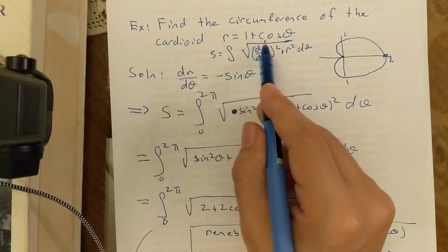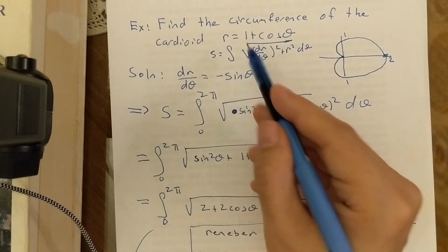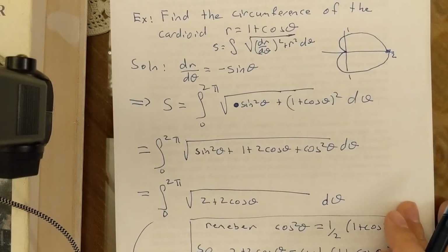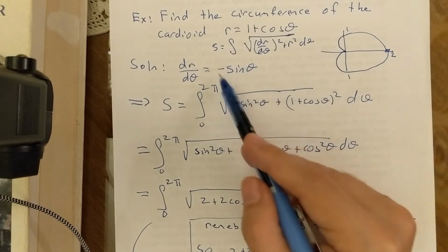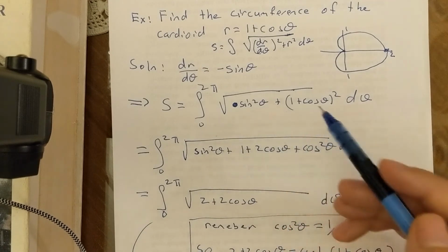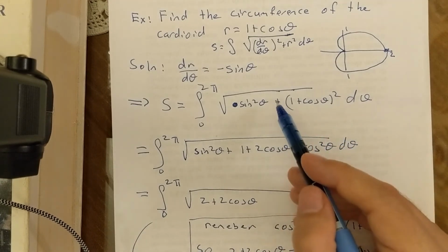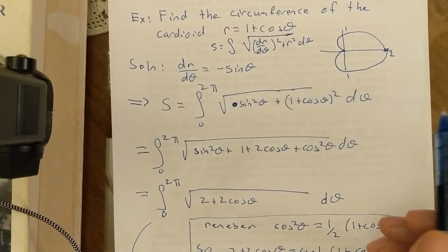Well, when r is equal to 1 plus cosine theta, dr d theta is just going to be minus sine theta. Derivative of 1 is 0, derivative of cosine is minus sine theta. So plug it in. dr d theta squared is going to be minus sine squared, which of course is sine squared. Plus r squared in the formula, so that's going to be 1 plus cosine theta, squared, d theta.